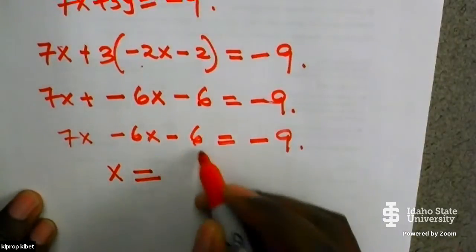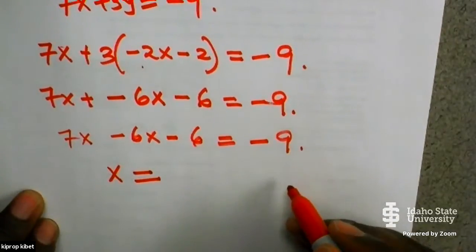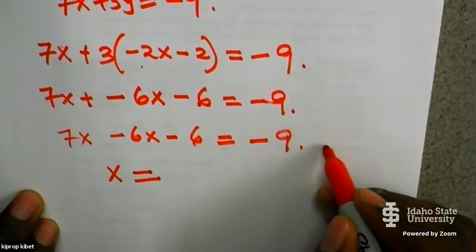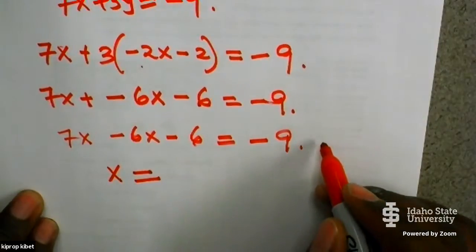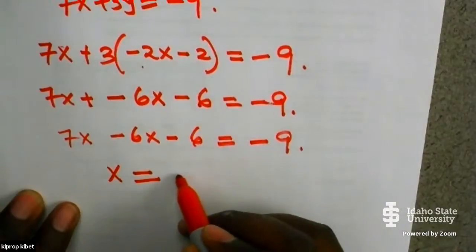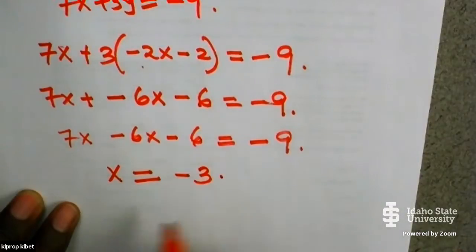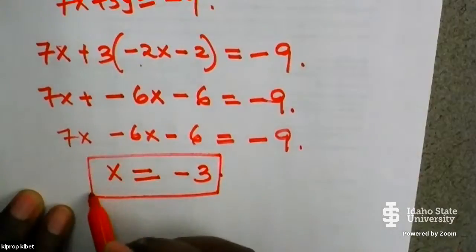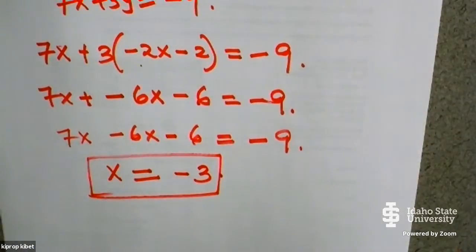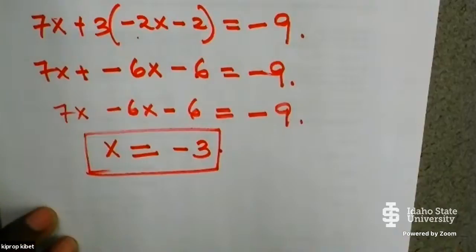So x minus 6 equals minus 9. You take minus 6 to the other side, so you get plus 6. Minus 9 plus 6 is negative 3. So you get x equals negative 3.